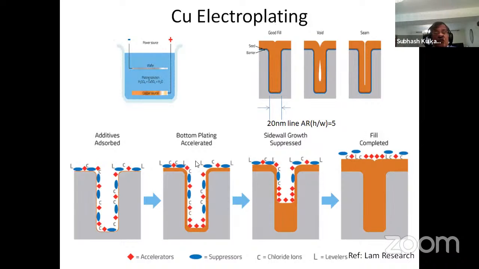Now, once you have formed this seed layer by ALD, shown here by the dark line, next is how do you put copper into this, because that's your copper line, right? So basically they go into an electrolysis bath where you have two electrodes. There is a copper source electrode. It's called the anode, and the cathode is where your wafer sits.